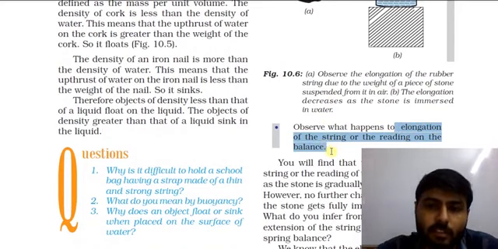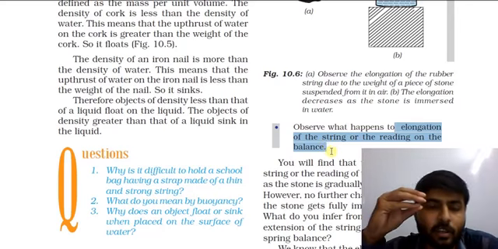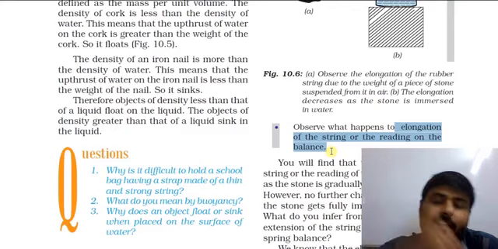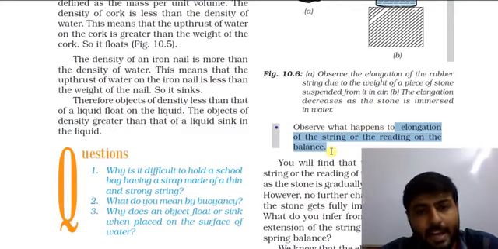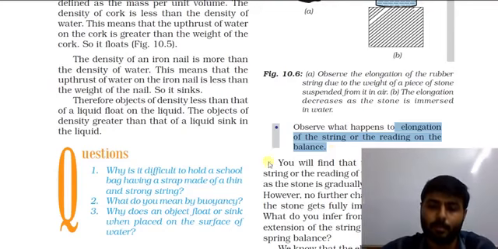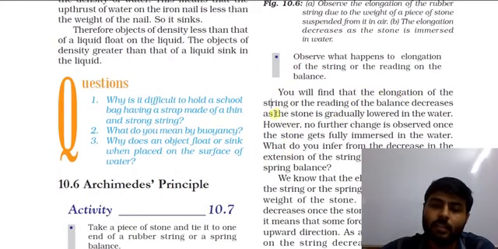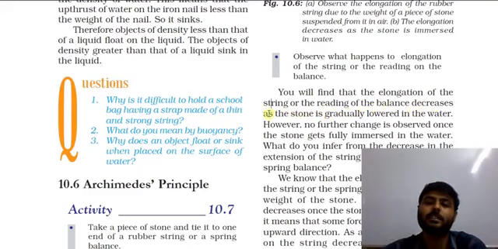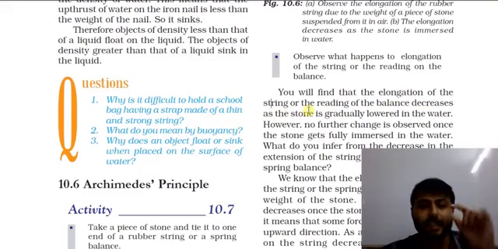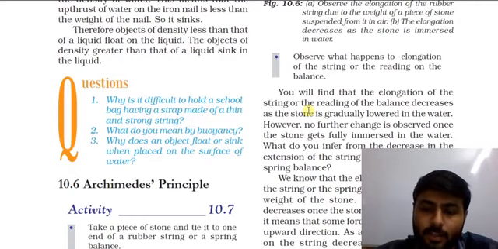What will be our observation? The elongation of the string will decrease, and the reading of the spring balance also decreases. So we have a point here. You will find that the elongation of the string or the reading of the balance decreases as the stone is gradually lowered in water.